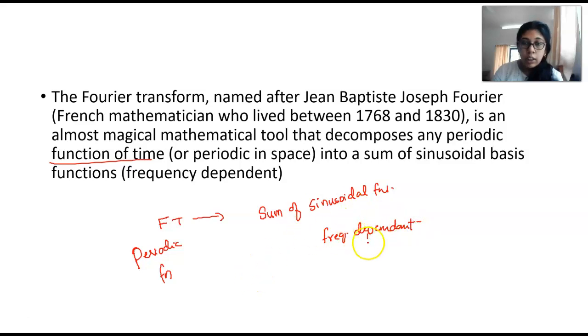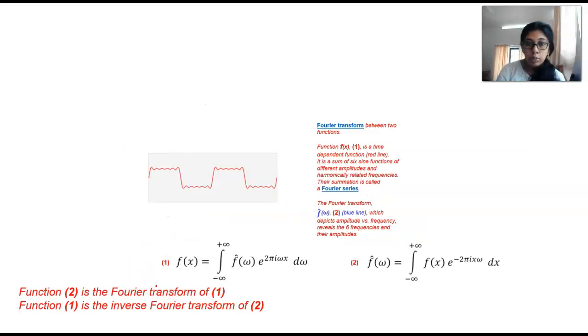So this particular conversion enables you to understand each of the functions that are combined together to give you the corresponding periodic function.